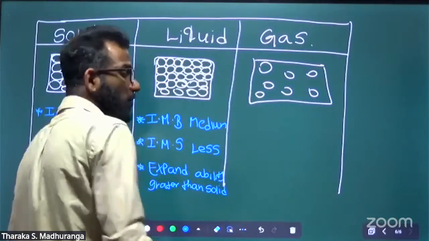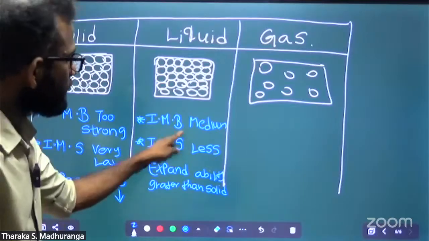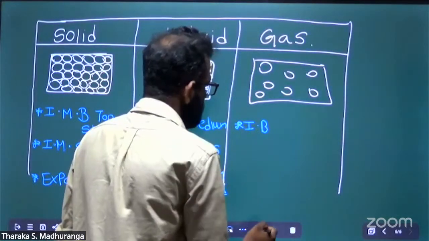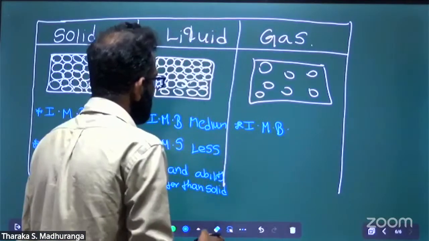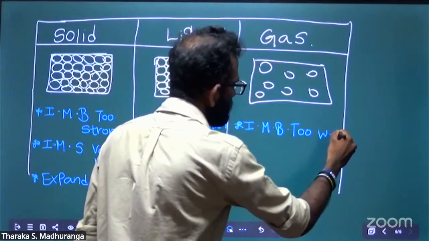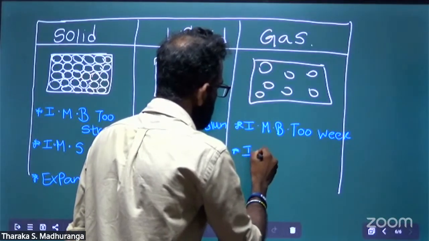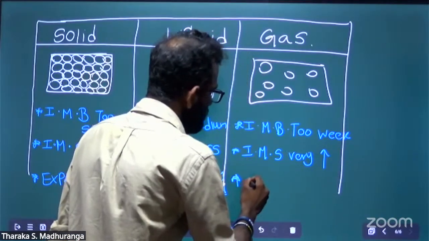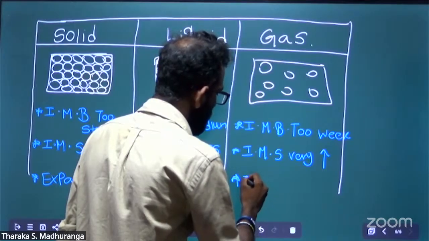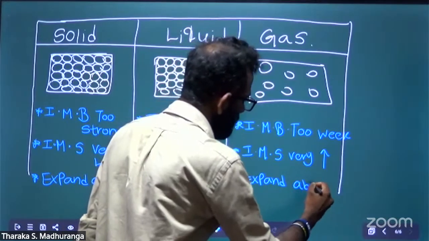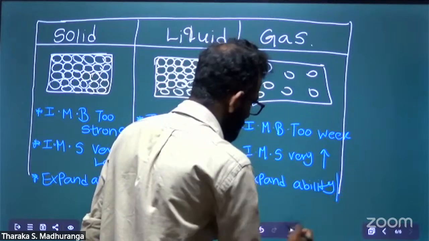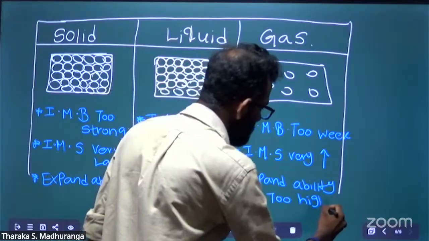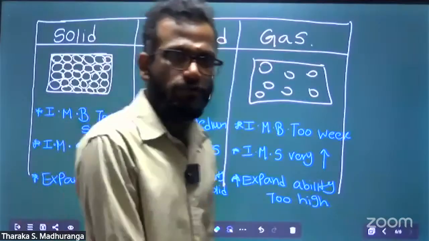Expanding ability in liquid is greater than solid, because the intermolecule bonds are medium. Gas: intermolecular bonds too weak, space very large. Okay, that's a full short note of the lesson, basic part.